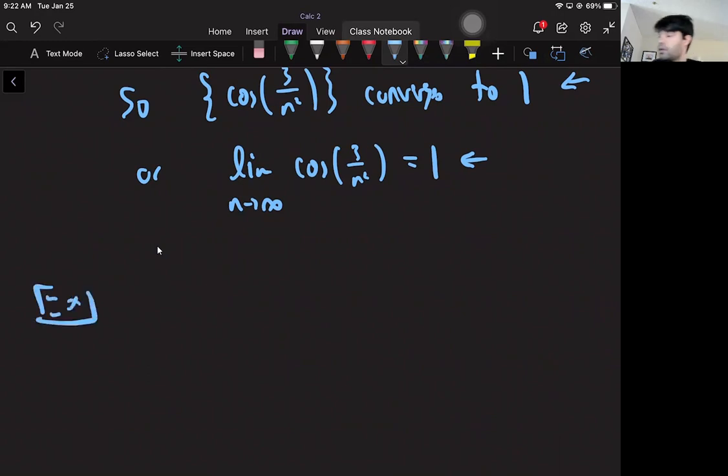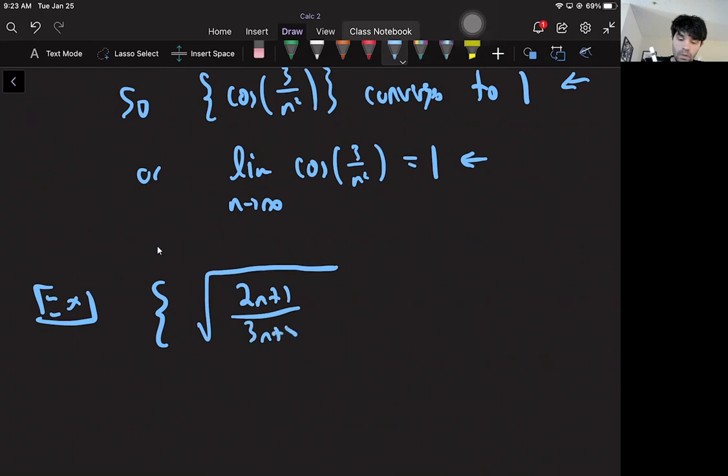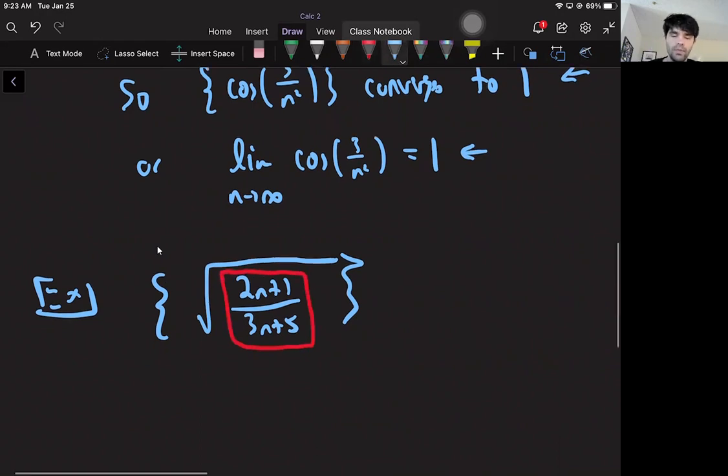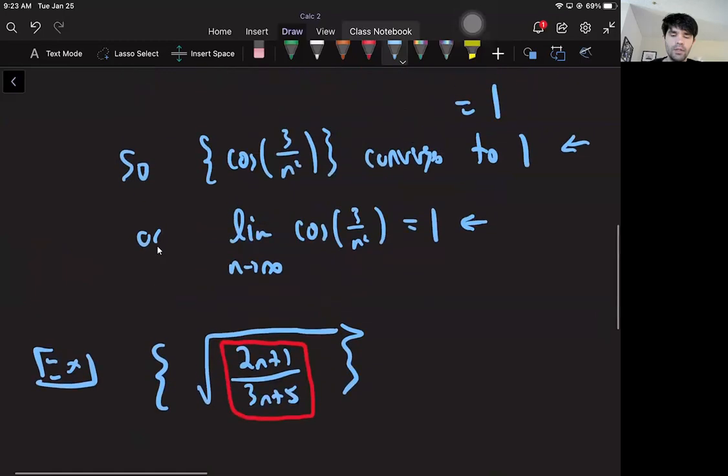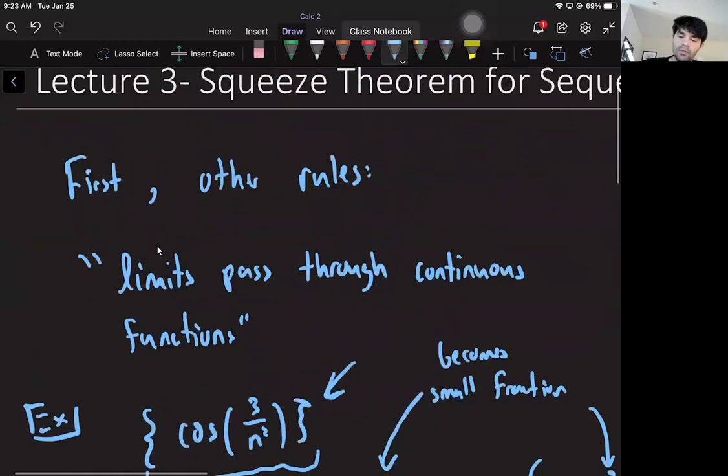Okay, so another similar time that this works. If you have something like the sequence with a big old square root around everything, and I know how to deal with the inside, then we're in luck, because we can apply the same type of rule, because limits pass through continuous functions.